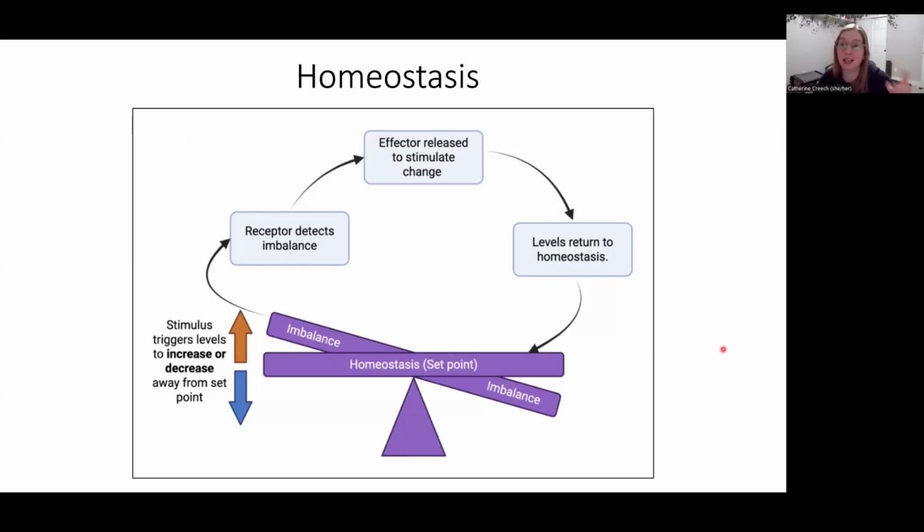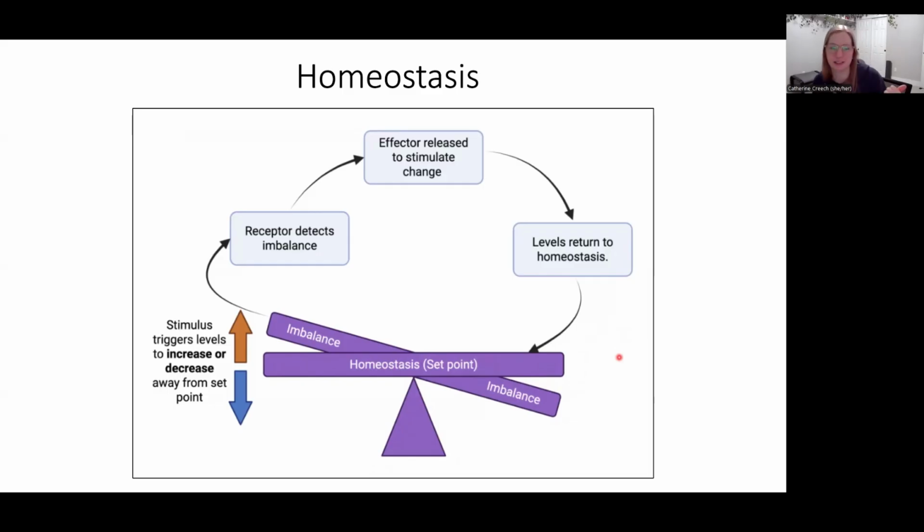Homeostasis is maintaining balance. So here I have a board balanced on a triangle. And if the board is perfectly balanced, we say that it's at set point. But stimulus from interior or exterior is going to either increase or decrease your set point.